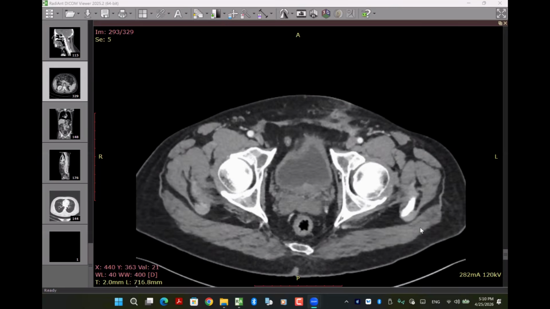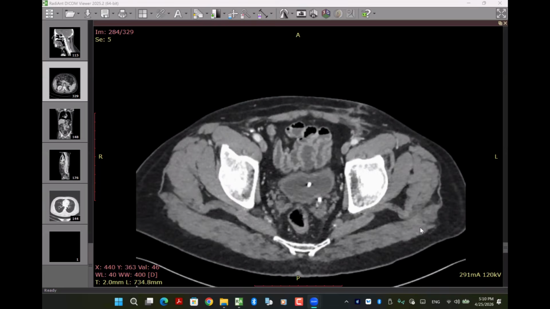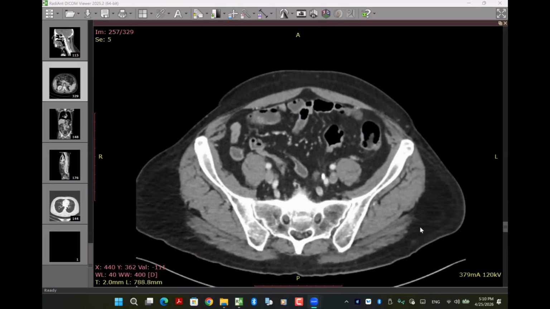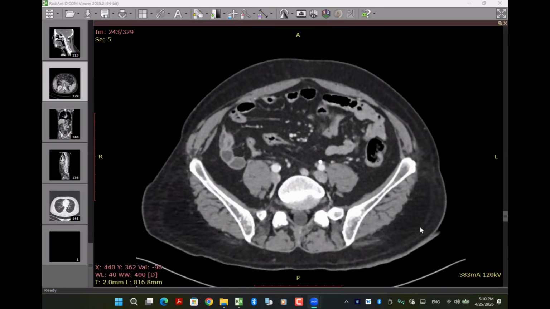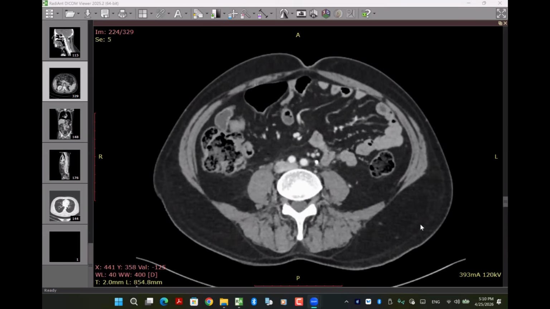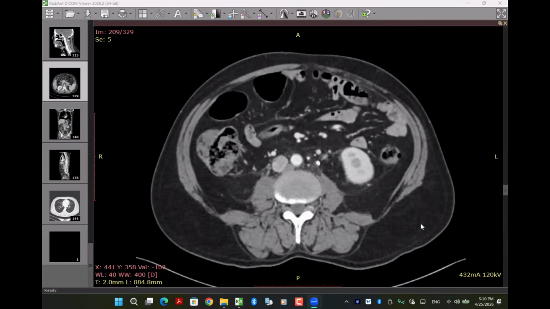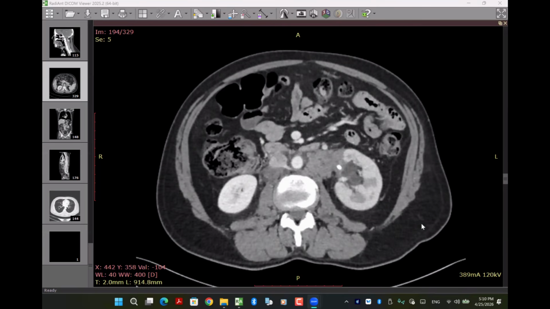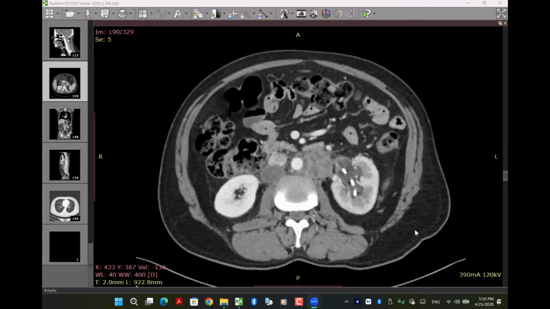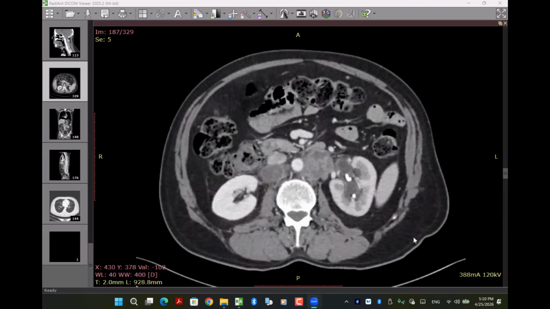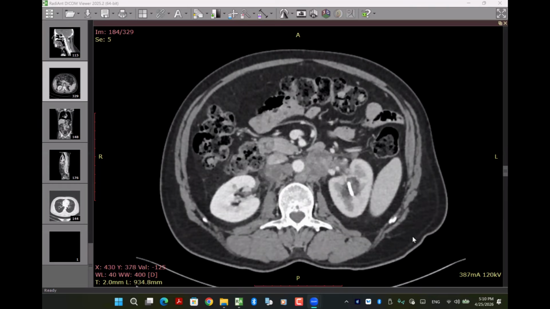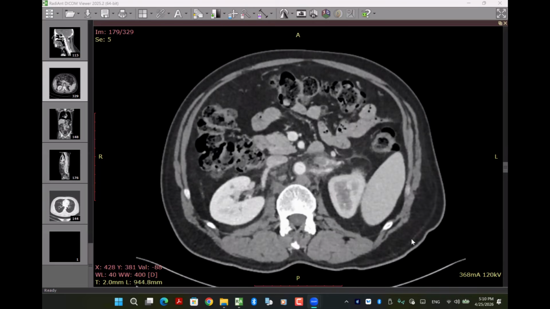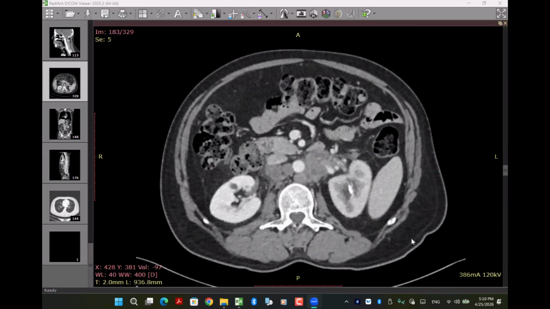I can appreciate there's a DJ stent in place within the left ureter. I'll go back to the area of interest. Now I can see an area of soft tissue density mass in the para-aortic region at the level of the left renal hilum.